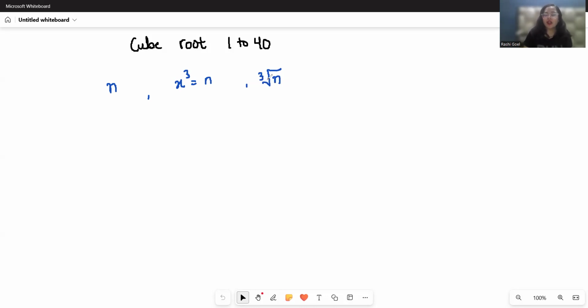So what is a perfect and what is a non-perfect cube? Perfect cubes are 1 cubed is 1, 2 cubed is 8, 3 cubed is 27, and so on.